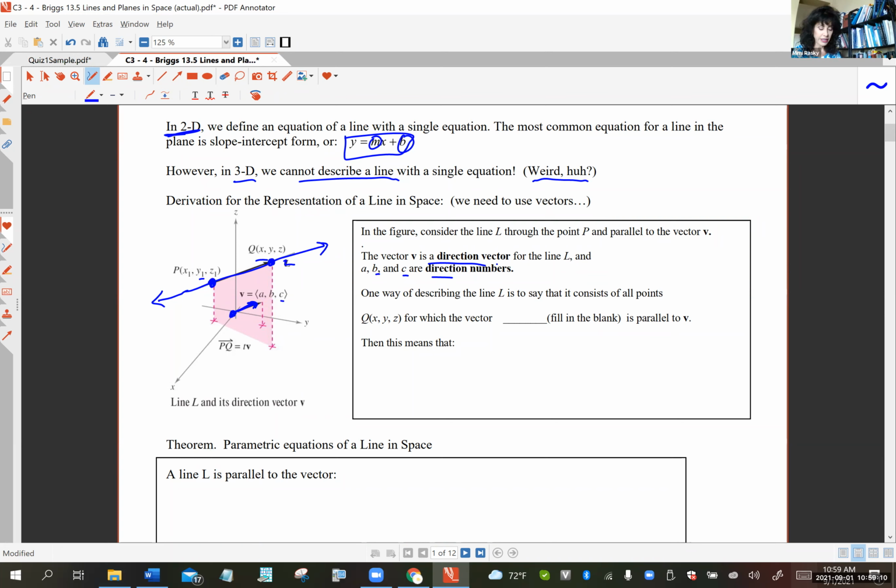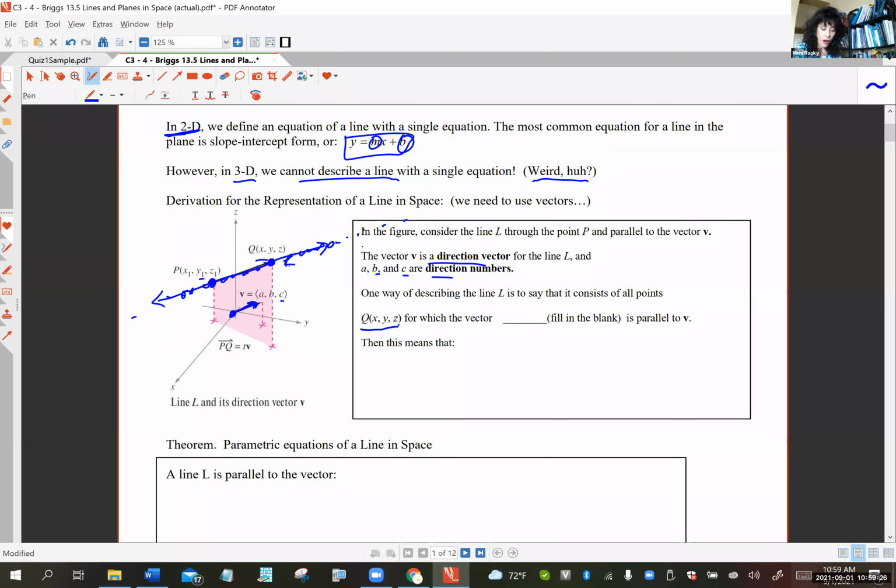Okay, well, how is that going to help us? Don't worry, we're getting there. So one way of describing the line, L, is to say that it consists of all infinite points. Would you agree that this line has infinite points on it? I can just keep going forever and ever.